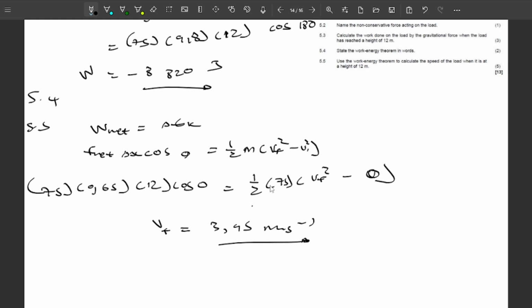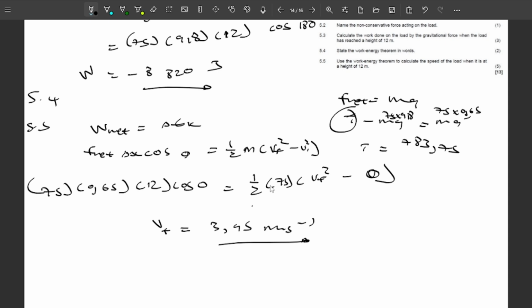Now for some, they may choose to take the long route, which is by saying F net is equal to ma, and T minus mg is ma, and from there on you calculate and you find the tension. Remember that this is 75 times 9.8, and then 75 times 0.65. Then the tension is supposed to give you this, right?